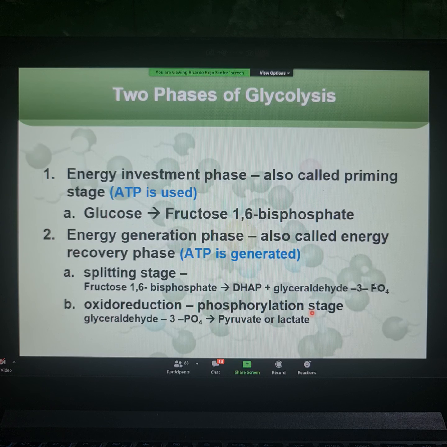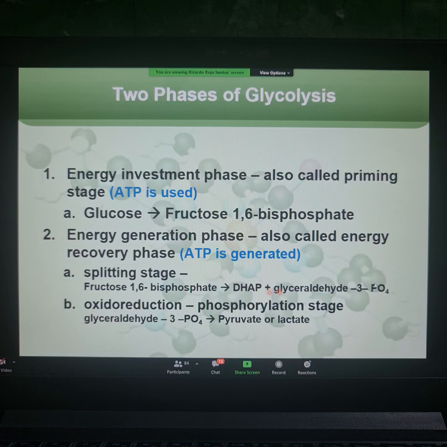In the splitting stage, the 6 carbon atom fructose, a hexose, is cleaved into half. Okay? It is cleaved into two trioses, 3 carbon atom sugars, namely dihydroxyacetone phosphate and glyceraldehyde 3-phosphate.